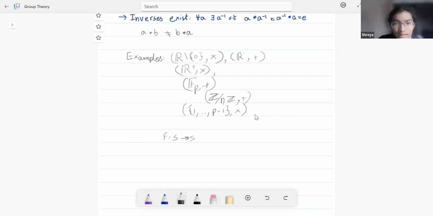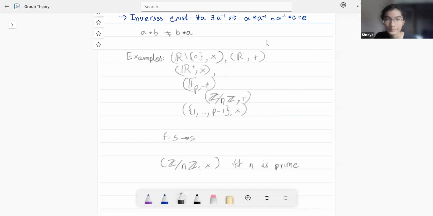Under addition, Z mod n is a group, but under multiplication it's a group only if n is prime, because you can't take the set of all coprime numbers. So yeah, these are great examples.